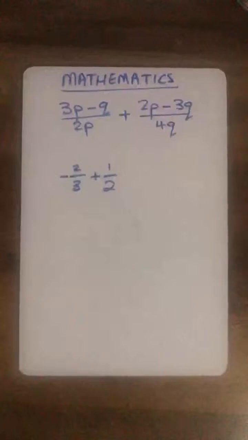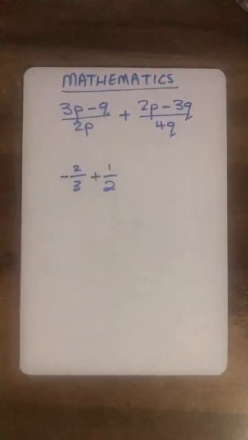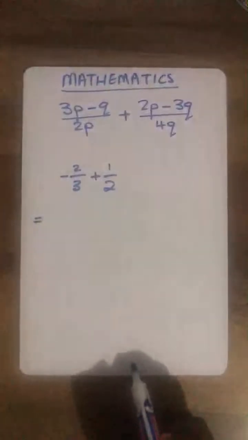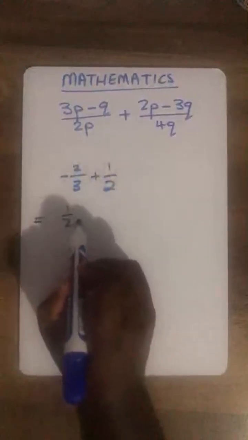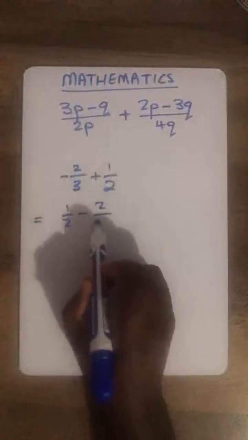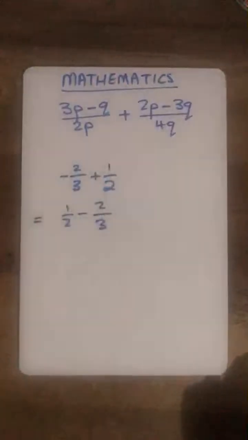If you were given something similar to that, let me give you a tip on this one. A tip would be, you can still rewrite this as 1 over 2 minus 2 over 3. That's how you can work it out.